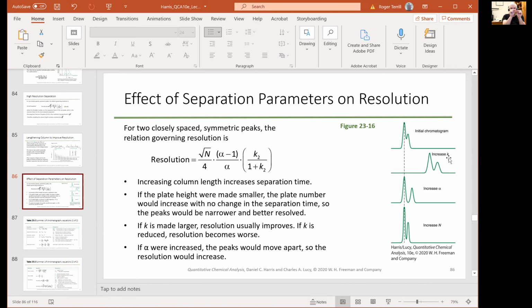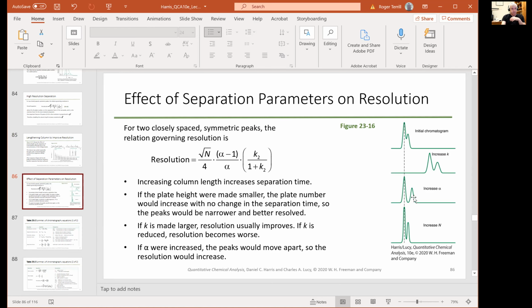And so you retain it longer, and the longer you retain it, the more time you have for the bits to separate. Obviously, if you have a very, very narrow column, nothing's going to separate. Okay, now, here's a hard one.